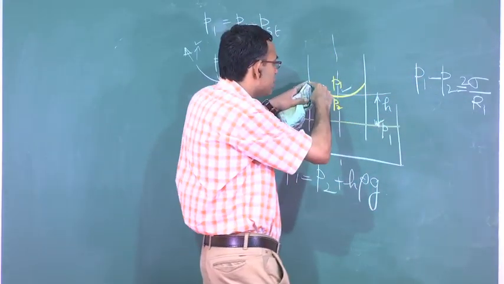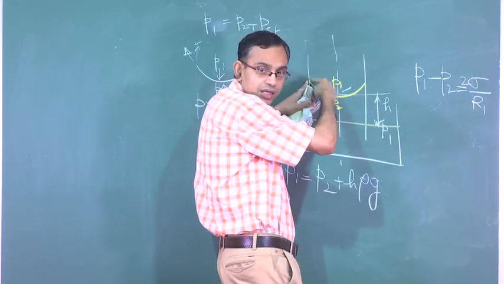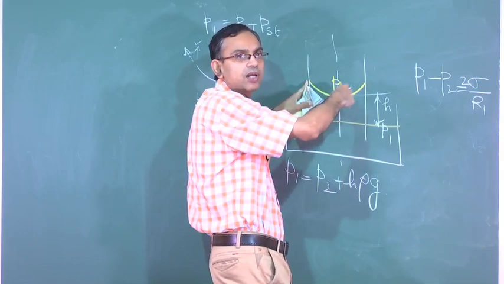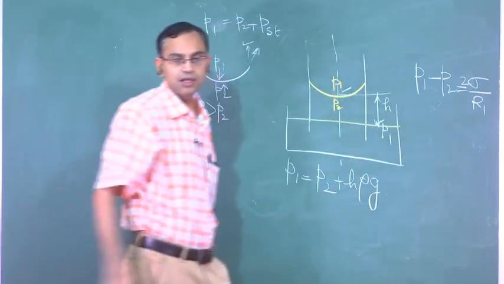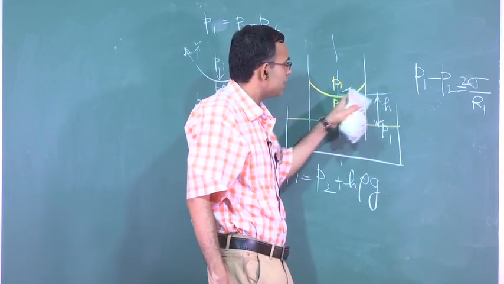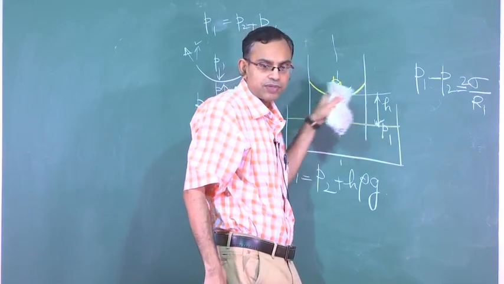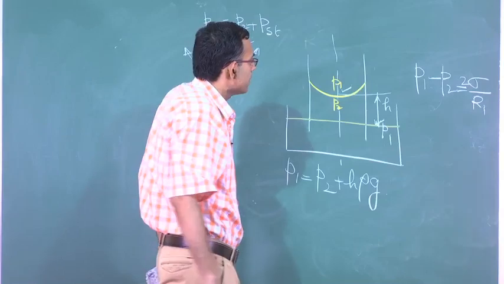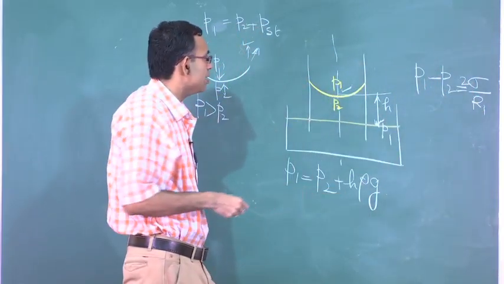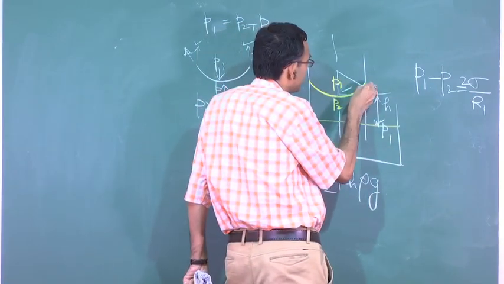If we assume this to be a spherical interface, see this is small, so assuming it to be a part of a sphere is not a very wrong assumption. So, if you consider this to be a part of a sphere, then P1 minus P2 is 2 sigma by r1, where r1 is the radius of the sphere.